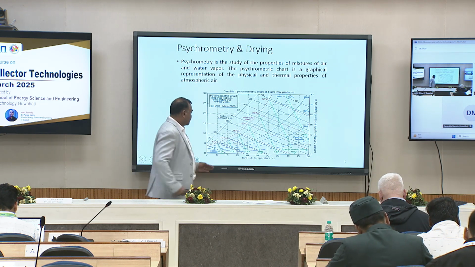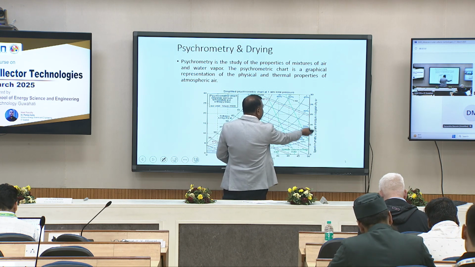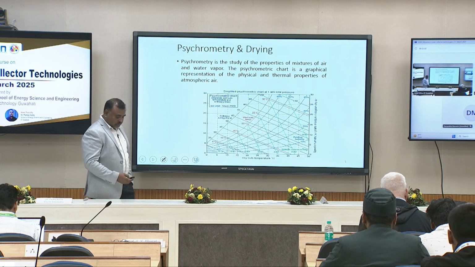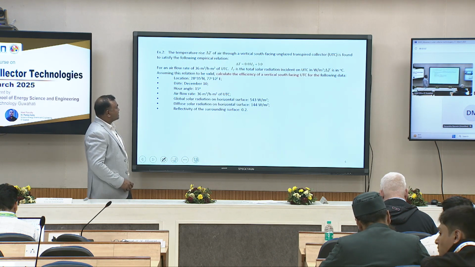Okay. So, temperature is known, relative humidity is known, and enthalpies are known. From that you can find out the change in heat required for doing that particular task. Done? It's fine. So, now let us solve this problem.